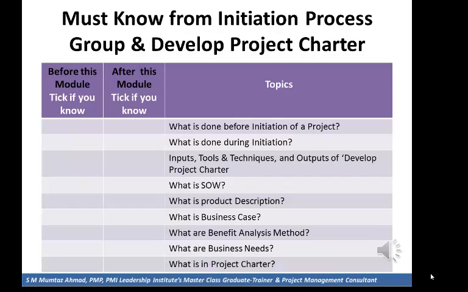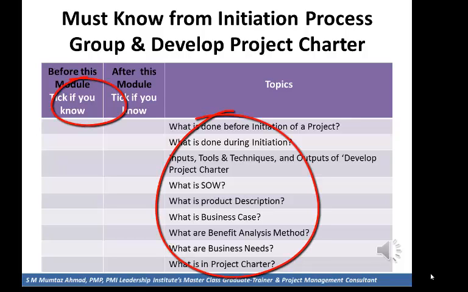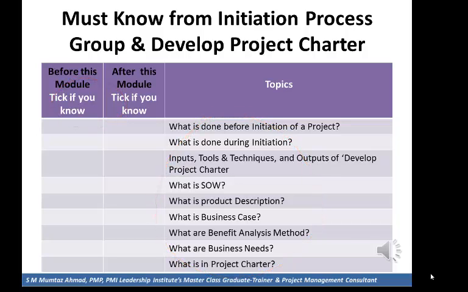Before going through this module, please check what you already know. After you complete this module, check this slide once again. These are must-know topics for the PMP exam.